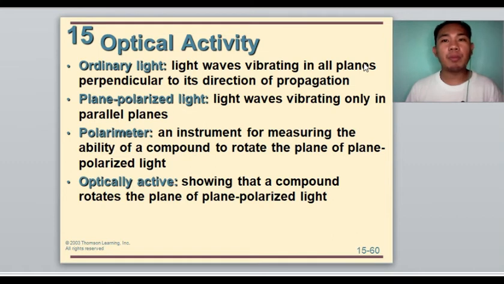One such property relates to their effect on the plane of polarized light. Each member of a pair of enantiomers rotates the plane of polarized light. For this reason, each enantiomer is said to be optically active.